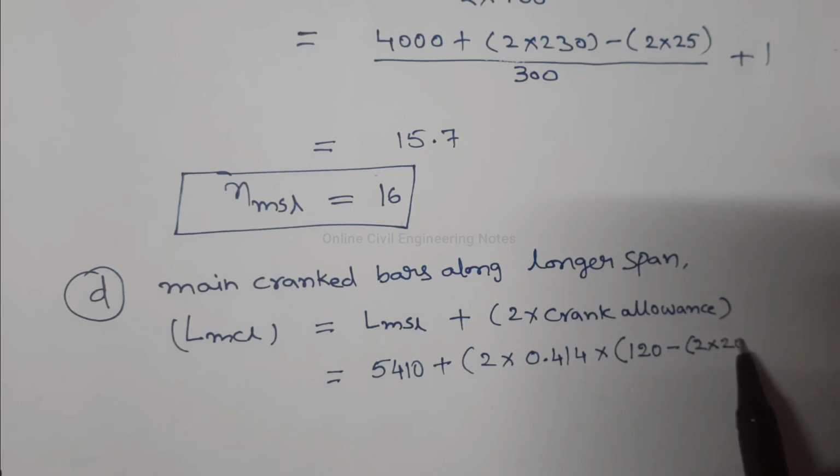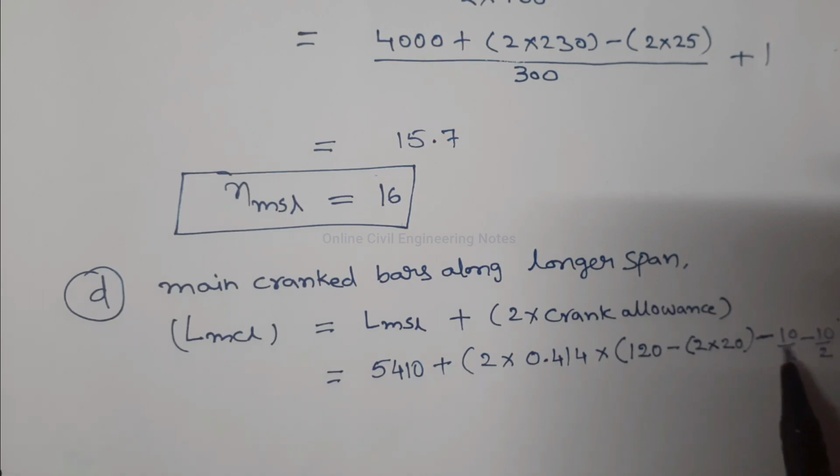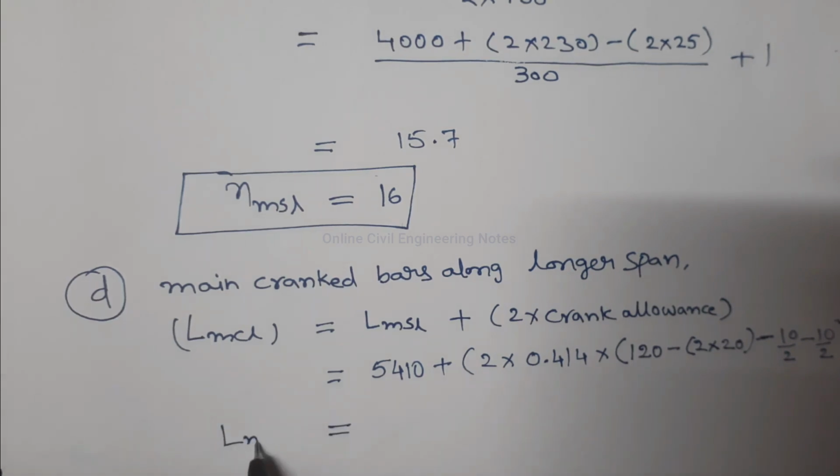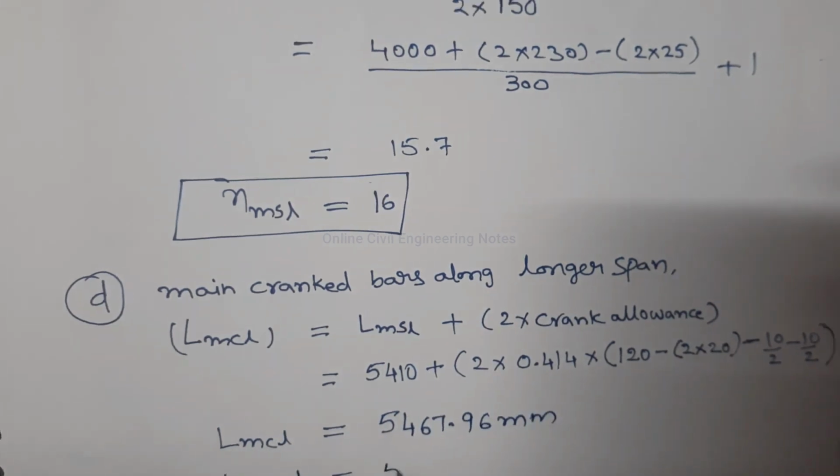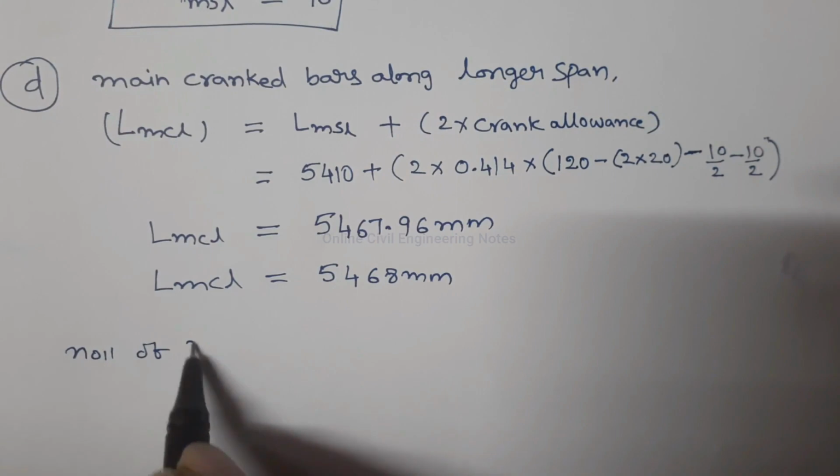Therefore, we can write 2 into 20 minus diameter by 2 minus diameter by 2. Here, main straight bar and cranked bar diameter is 10 mm in the longer span direction. Therefore, length of main cranked bar along longer span is equal to 5467.96 mm. You can write it as 5468 mm.